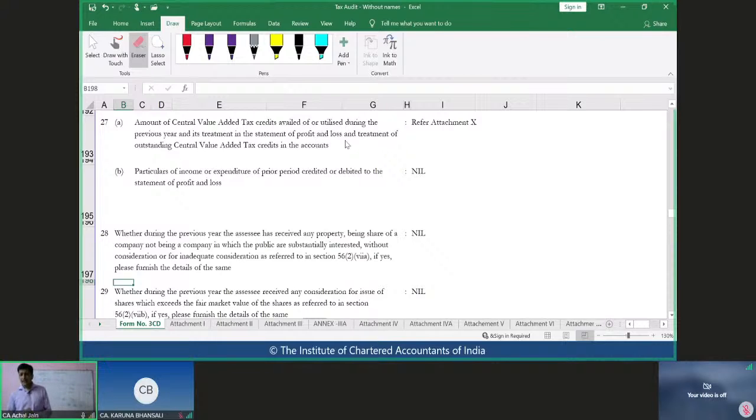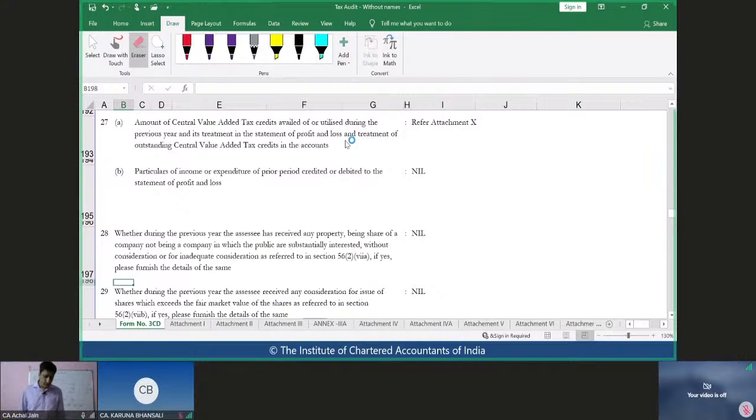Amount of CENVAT availed or utilized during the year, means during the current year, and its treatment in the P&L. Number 2, particulars of income or expenditure of prior period credited or debited to the P&L.